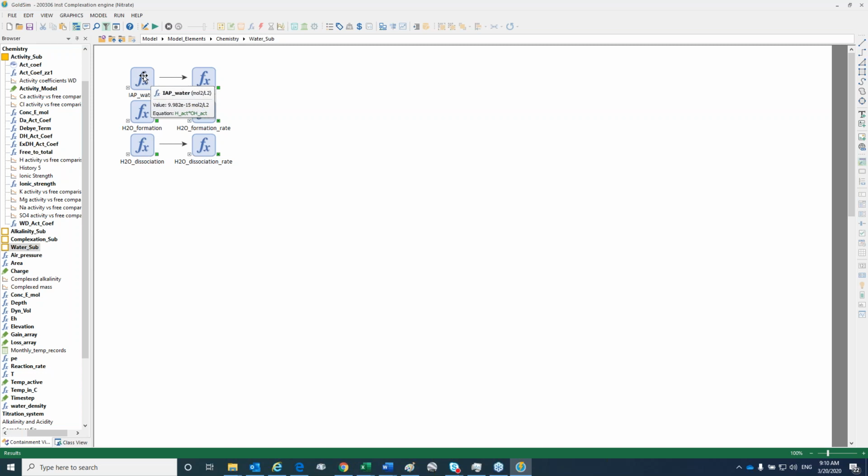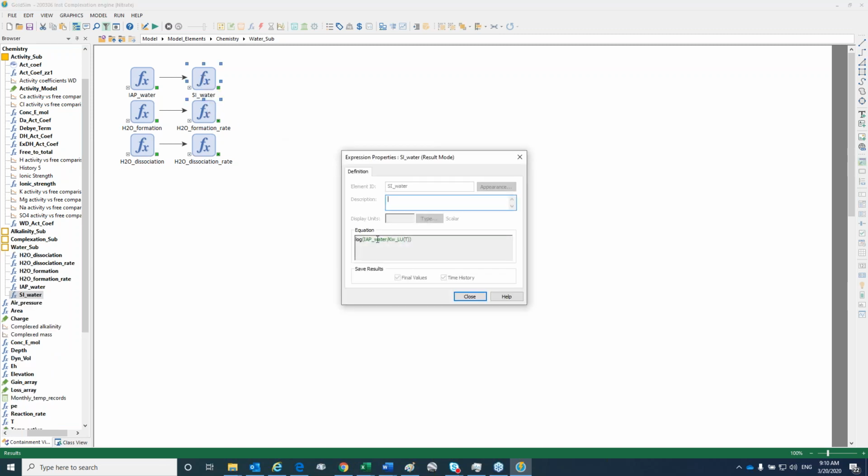This is a chemistry water balance rather than a standard water balance where we're looking at hydrology and the movement of water. This is a chemistry water balance where we're looking at the ion activity product and whether or not water is forming or deforming, like a formation of H2O or a dissociation of H2O, and this occurs under different circumstances.